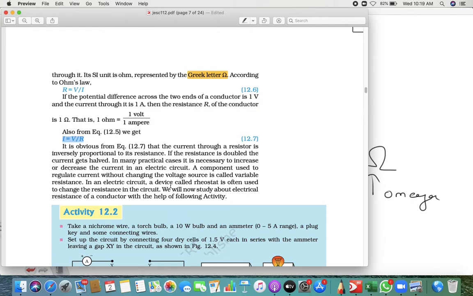In many practical cases, it is necessary to increase or decrease the current in a circuit. For example, in your home, if you see the fan, the small knob, that circle one, when you turn it around, you are increasing or decreasing the resistance.